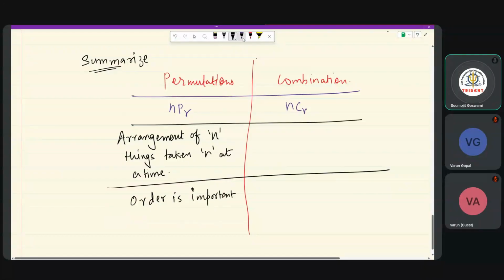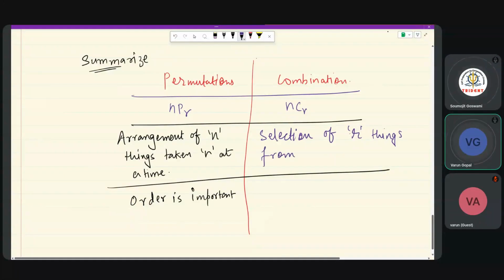What is combination? Combination is selection of r things from n things or items, you can say. So it's a little different. What about order?